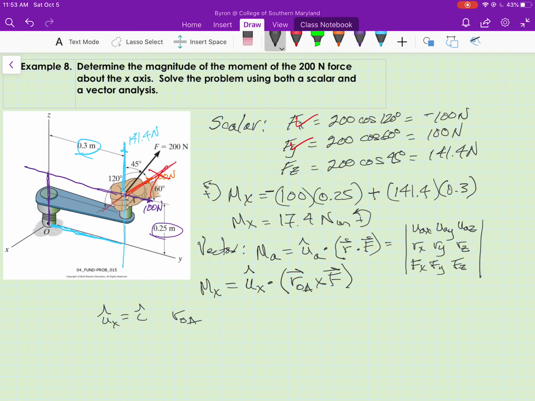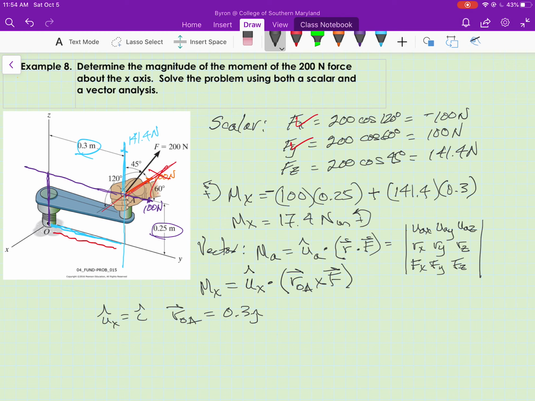R from O to A is going to be 0i, because there's no change in x from O to A. The change in y is a positive 0.3 meters. So let me write that, 0.3 j.